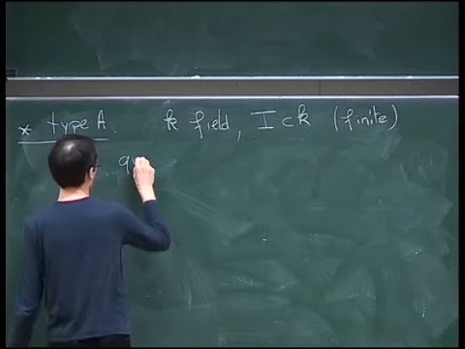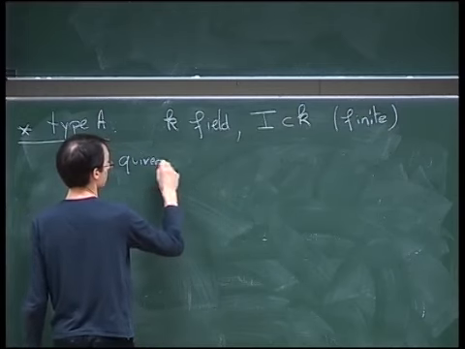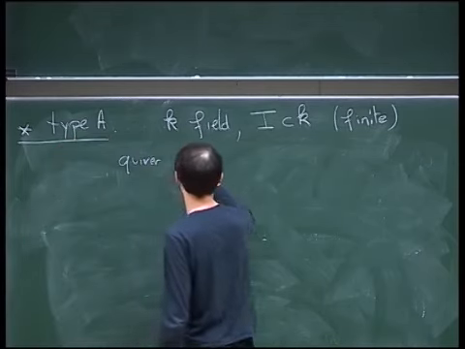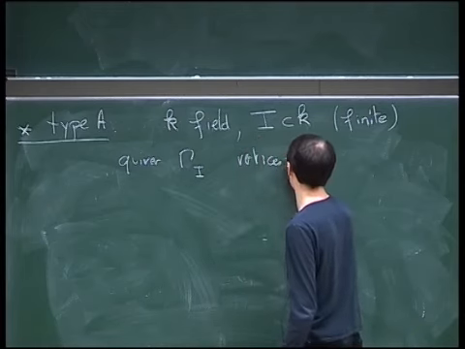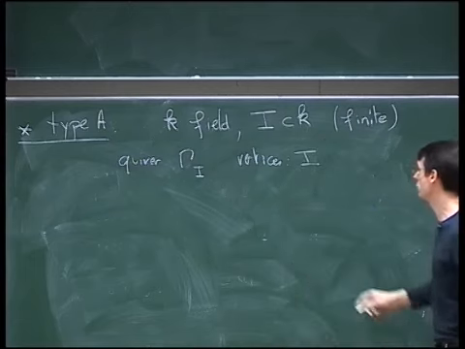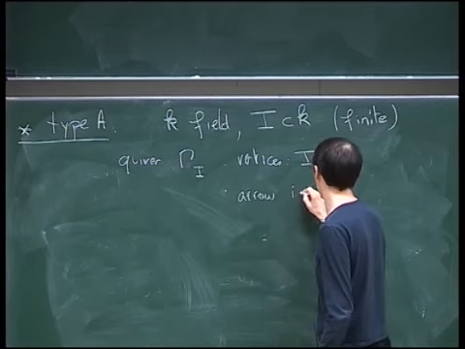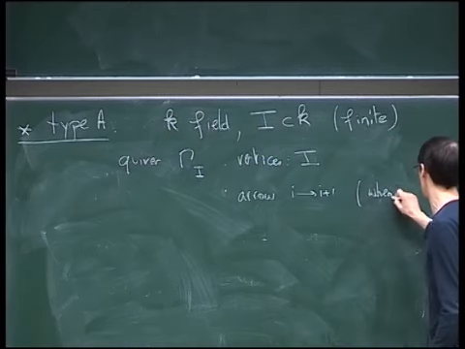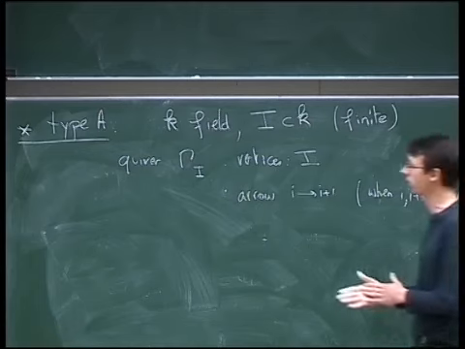We have a quiver, Gamma_I, whose vertices are given by the set I, and you put an arrow from i to i plus 1, if both, of course, are in I. That's a fairly trivial way to define a quiver.